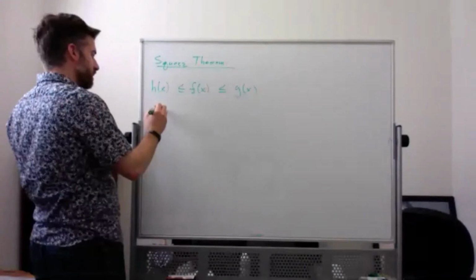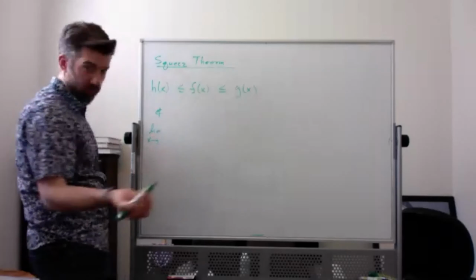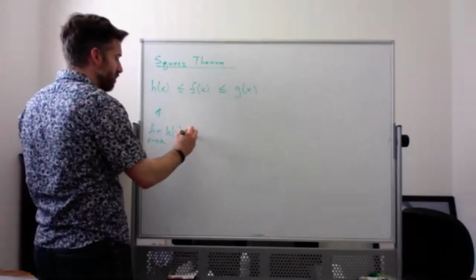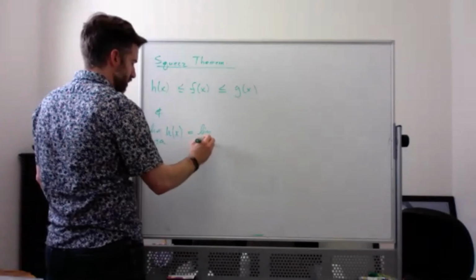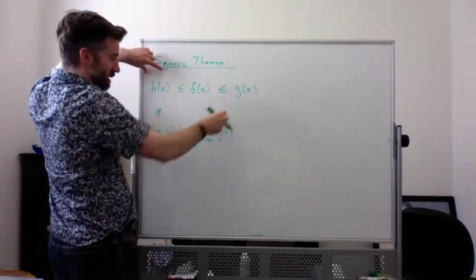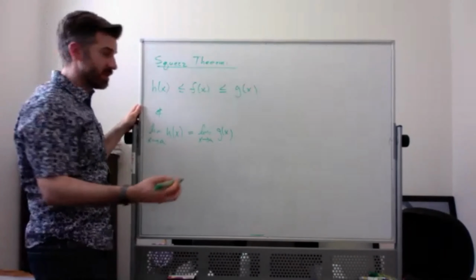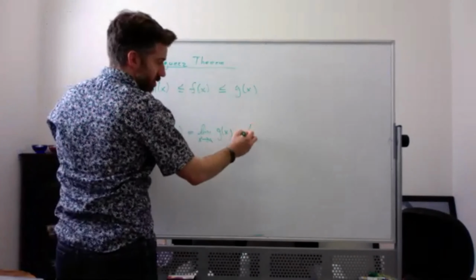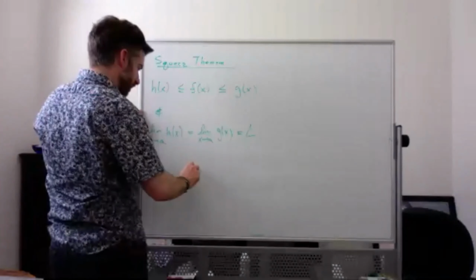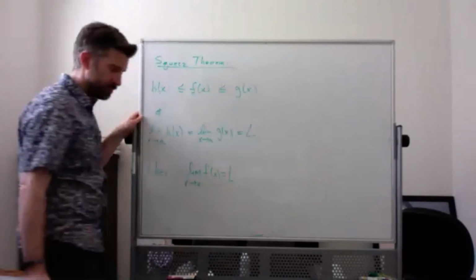So if you have this, and if the limit as x approaches a of h of x is equal to the limit as x approaches a of g of x, so basically, if the outer things have the same limit as x approaches a, then the inner thing also has to have that limit, or get squeezed to that limit. So if these two limits are both equal to, let's call it L, then we get to say that the limit of the inner thing is also equal to L.